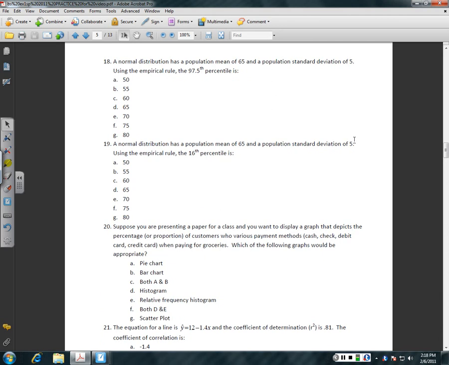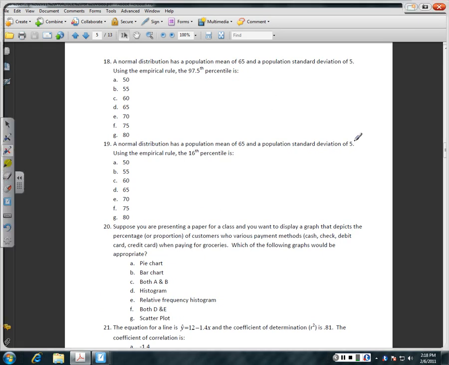Okay, so on 18, we still have that mean of 65 and standard deviation of 5. And we want to know where the 97.5th percentile is.